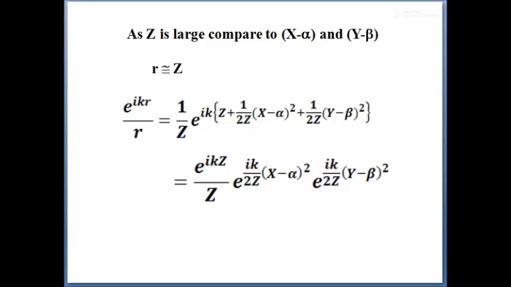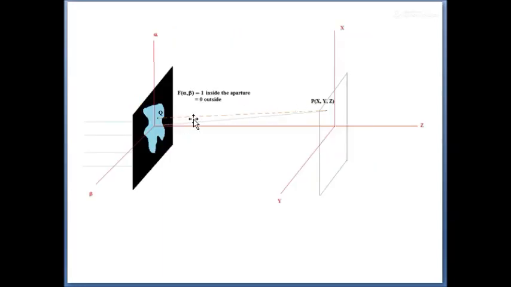Now as z is large compared to x minus alpha and y minus beta, the inclination of this line r with the horizontal will be much smaller. Now if the angle theta of inclination of PQ with the horizontal becomes small, then for a good approximation I can assume that r will be approximately equal to z, and z is the distance between this origin to this origin.